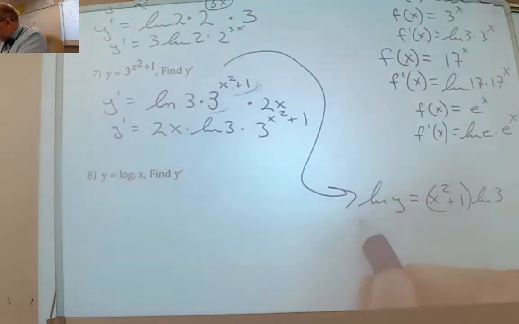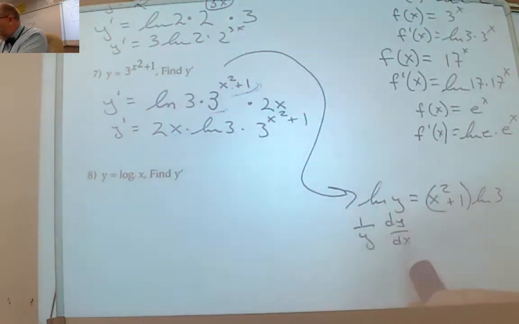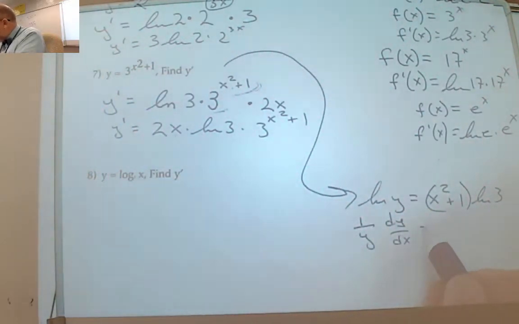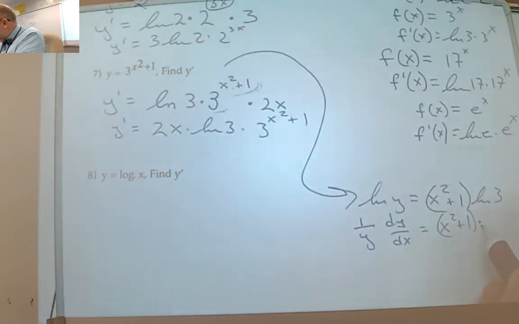When I take the derivative, I get 1 over y dy dx. Always, that's the derivative of the natural log of y, equals the derivative of x squared plus 1, 2x, times the natural log of 3.